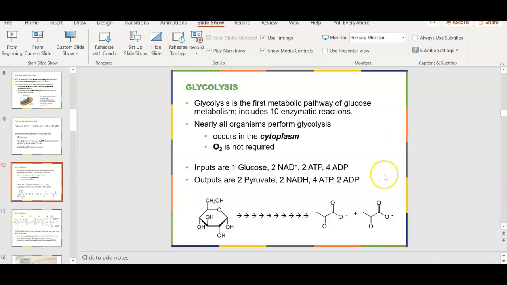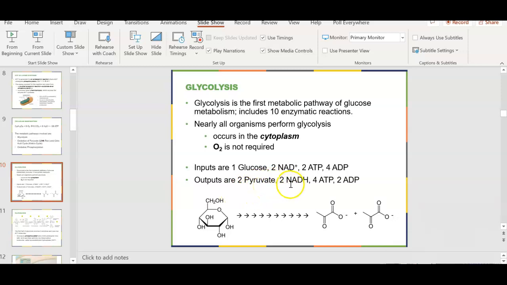The short version is that we're going to put in a glucose and work together with the oxidized form of NAD, 2 of them. We need actually a little startup energy. There's the ATP. And we need this ADP as a substrate to make a little bit more ATP. So you'll see this in a minute. And then the outputs, in other words, the yield of this reaction of glycolysis, is that we're going to get 2 molecules of something called pyruvate.